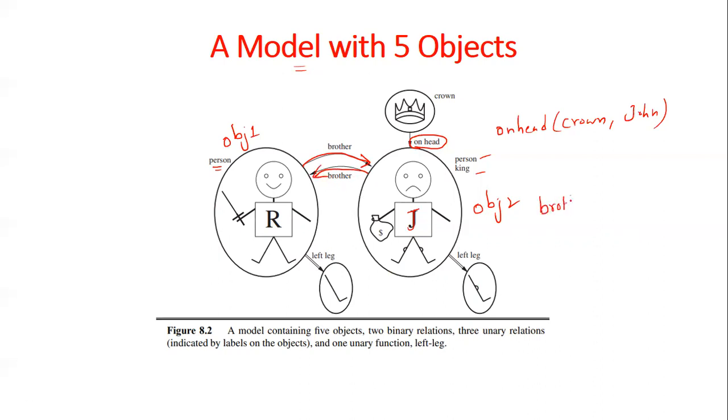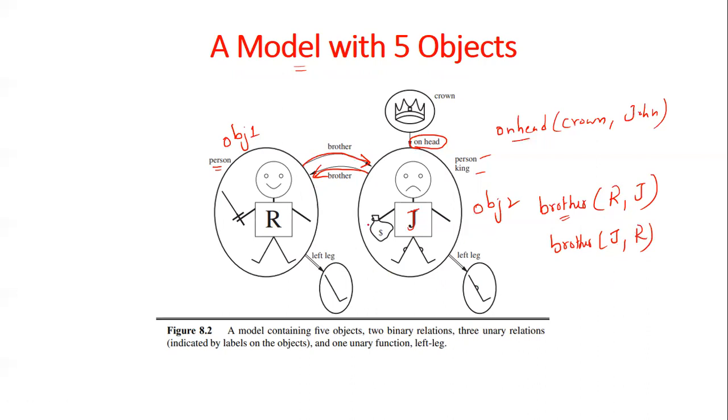So here also, brother is a relation, or we can call it a predicate. On head also we can call a predicate. So brother is a relation or a predicate, where we can say brother of R comma J, which means Richard is the brother of John, or brother of J comma R, which means John is the brother of Richard.